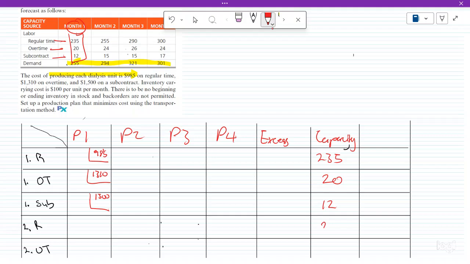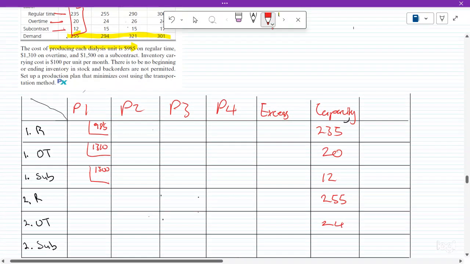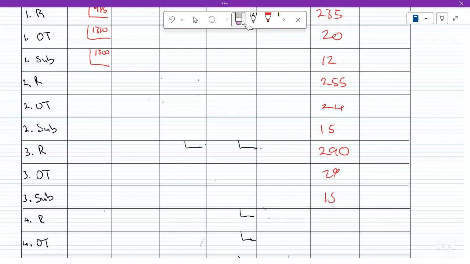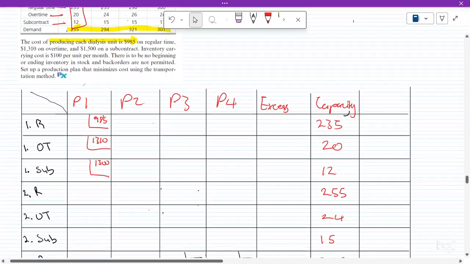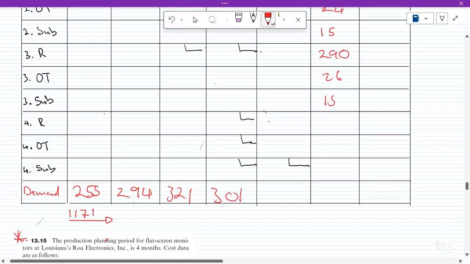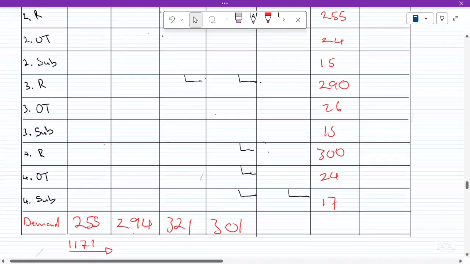Then 255, 24 and 15. Then 290, 26, 15. I must fix my 26. Then 324, 17. Then we add them up.